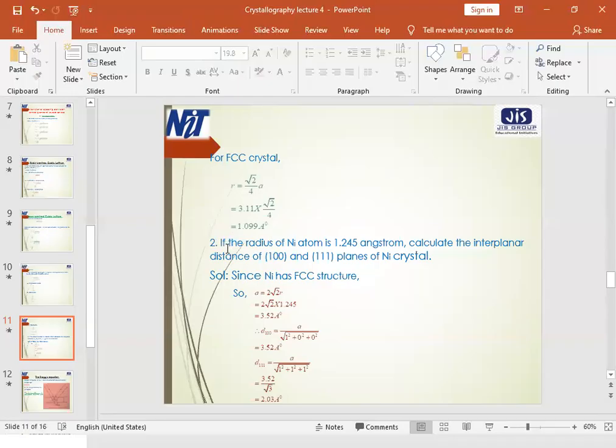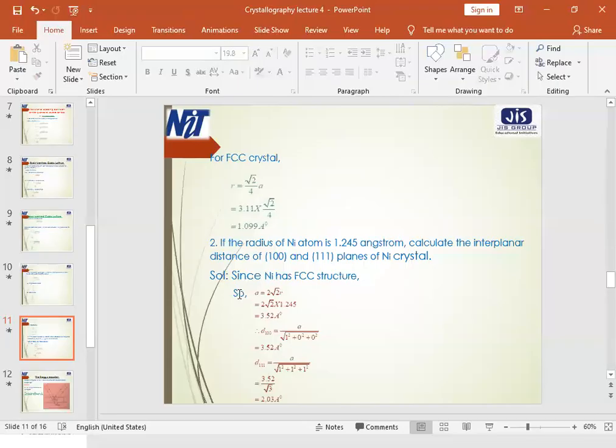If the radius of the nickel atom is 1.245 angstrom, calculate the interplanar distance of the 100 and 111 planes of the nickel crystal.